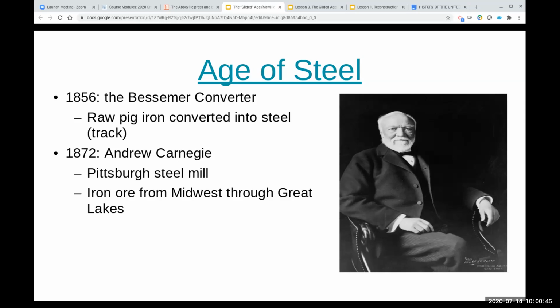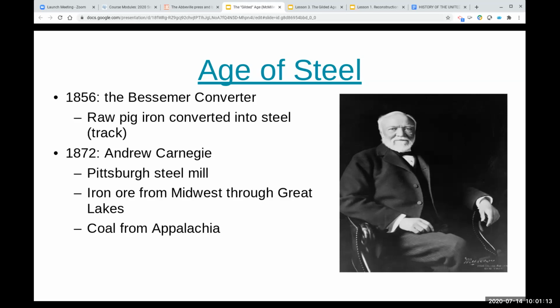He starts work as a bobbin boy at a factory, and he starts to work his way up, sort of by luck, sort of by his own moxie, as you might call it. He starts to invest in steel, and he eventually comes to really control in many ways a lot of the steel making in Pittsburgh. This makes him absolutely fantastically wealthy.